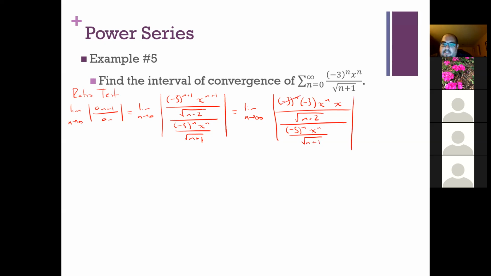So that was nice because a lot of these things cancel. And now what I'm left with is this. Absolute value of -3 is simply 3. But I'm going to leave the absolute values in because we don't know for sure that x is positive. So absolute value of 3x times radical n plus 1 over n plus 2.